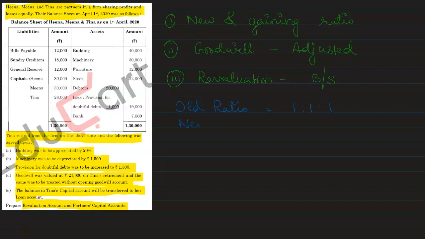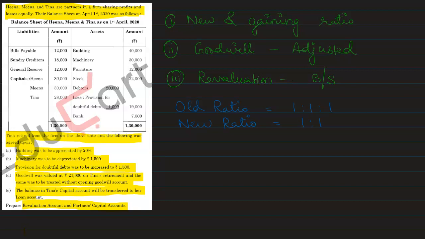So the new ratio will also be equal, means the remaining partners will share the profits equally. There were three partners in the beginning. One has retired, so the remaining partners will be only two, and the profit will be divided in the ratio of 1:1.